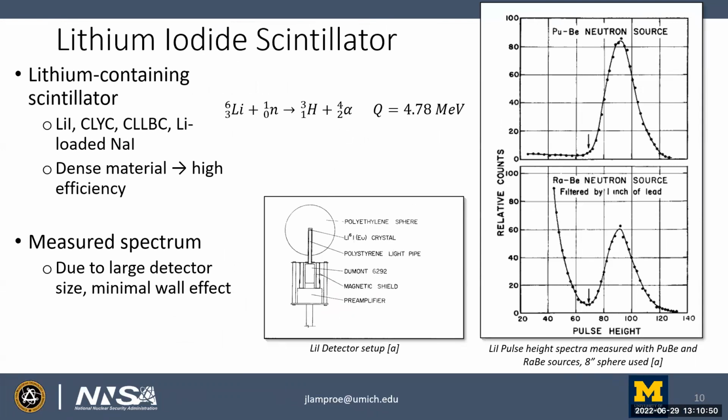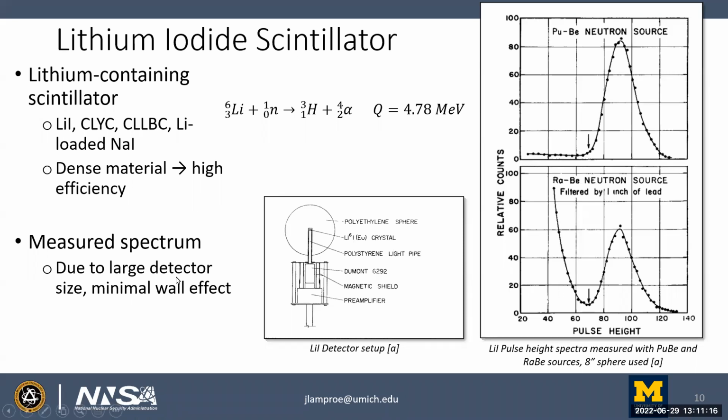And so, as I mentioned before, we also have lithium iodide scintillators, and you can't really get this in a gas, so we put it in scintillators, but it works about the same. A neutron collides with lithium, and you're looking at two heavy charged particles with a very high Q value and a very high cross section at lower energies, which makes it good for slow neutron detection.